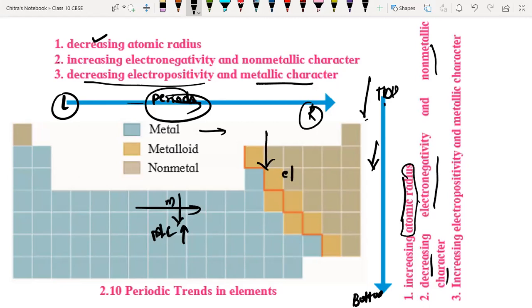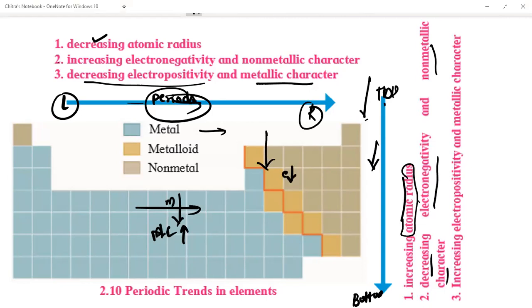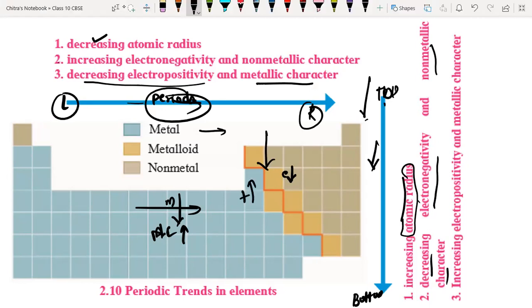If electronegativity decreases, electropositive nature increases, and non-metallic character decreases, which means metallic character increases. Third point, increase in electropositivity. If electropositivity increases, metallic character also increases. So this is all about the trend of metallic and non-metallic character in the modern periodic table.